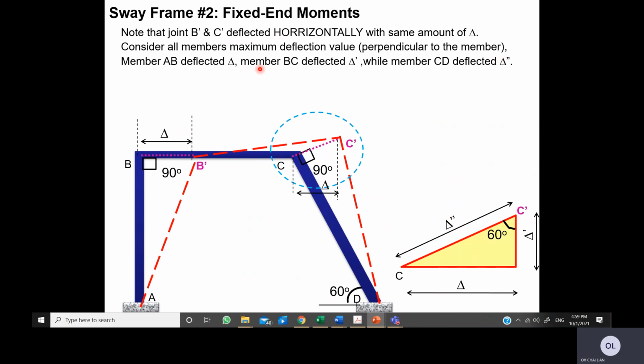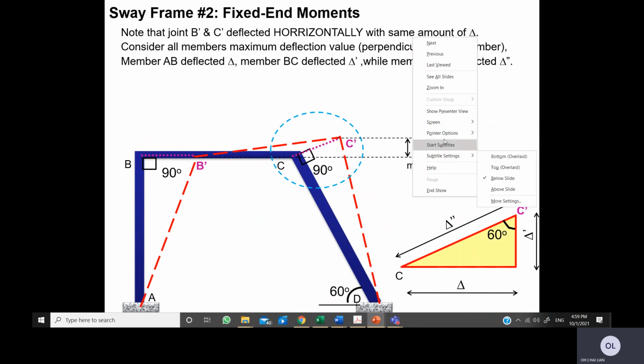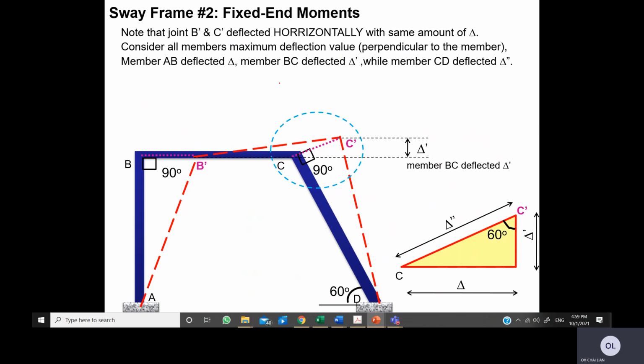How about member BC? Member BC has deflected delta prime, the vertical one. Why do I say so? Because if you put a line here, remember your member BC is horizontal, right?